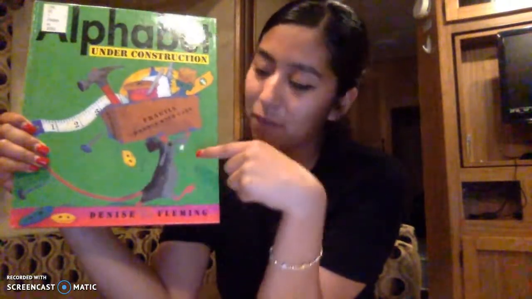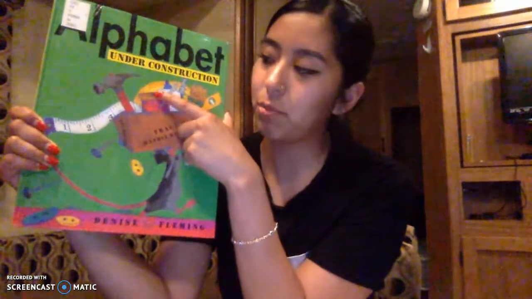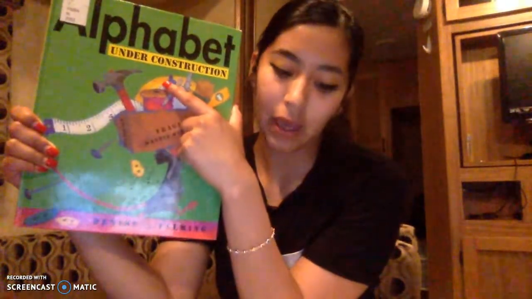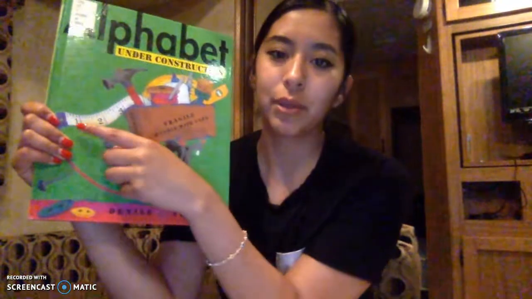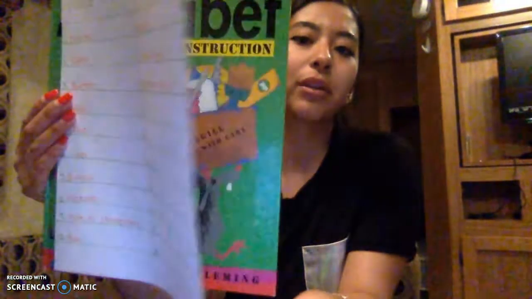We have this big box. We have a mouse. We have yellow caution tape in the back. And then there's measuring tape. And here's a list of what is on the cover of the book.